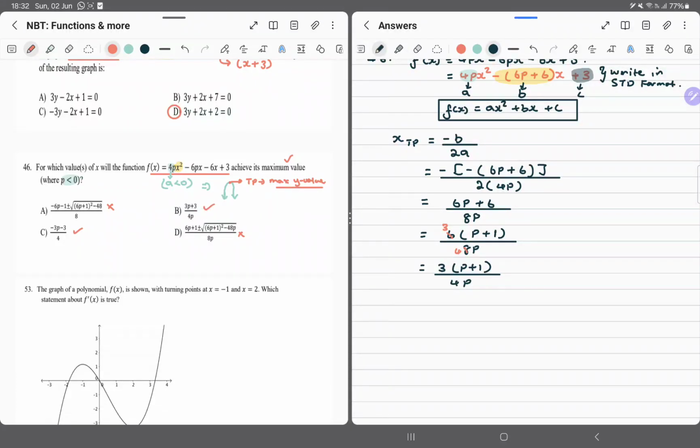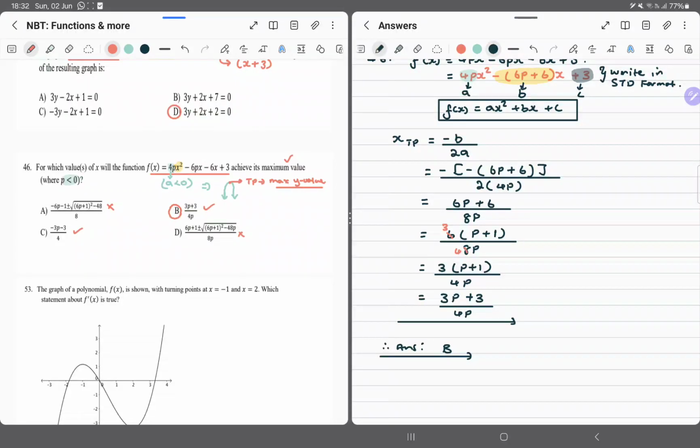Okay, it looks like b here, but now we have to redistribute that 3. It's 3p plus 3 over 4p. Okay, so that is essentially easy. So essentially we can make sure that we pick up an answer now, where it is actually option B.